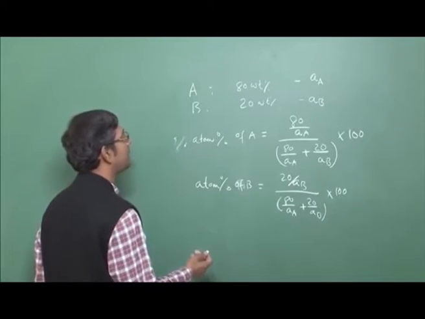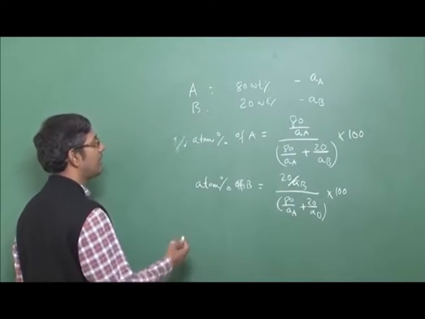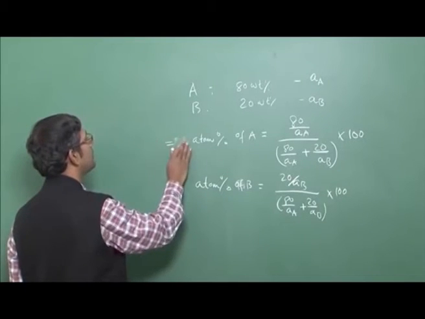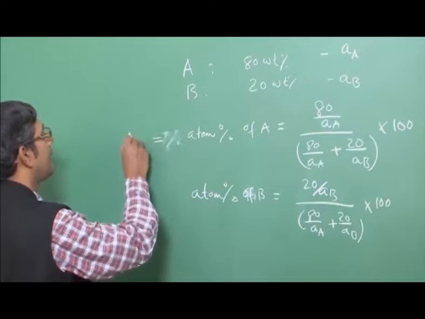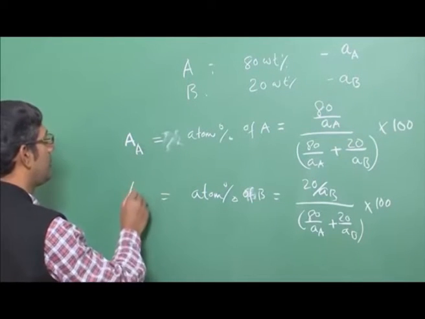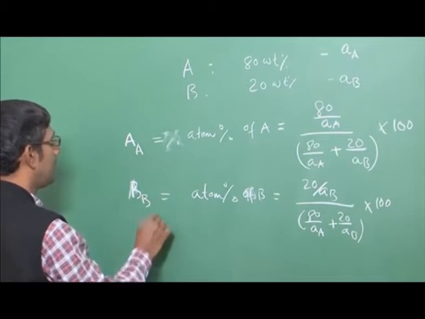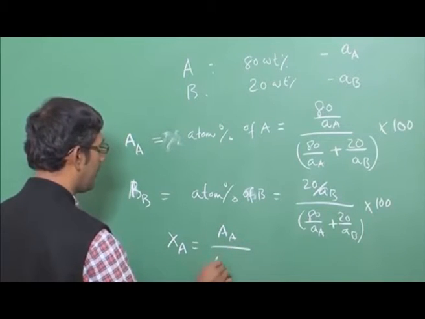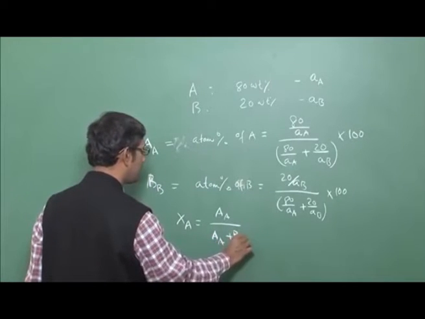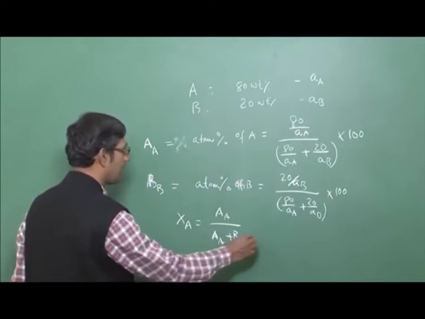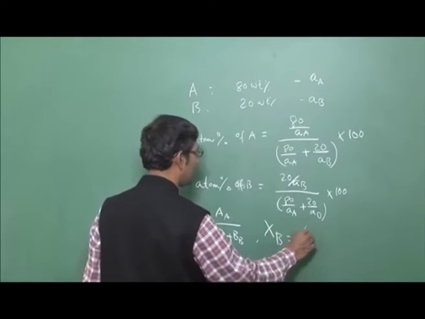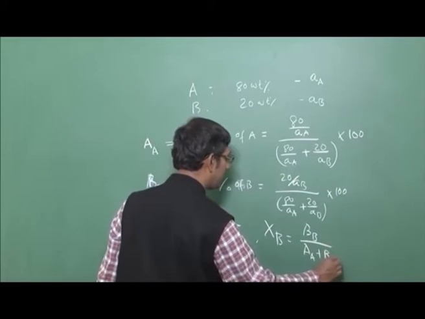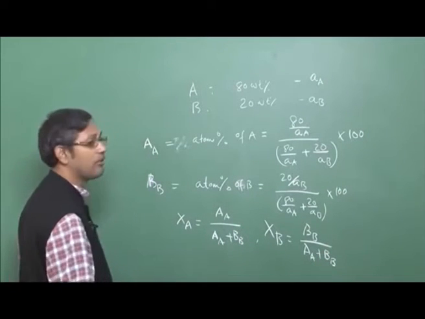And if I know the atom percentage, I can convert this to mole fraction. Suppose atom percent of A is equal to AA and atom percent of B is equal to BB, then mole fraction of A is equal to AA divided by AA plus BB. Please follow my symbols. Similarly, mole fraction of B is equal to BB divided by AA plus BB. That is how we can convert one to the other.